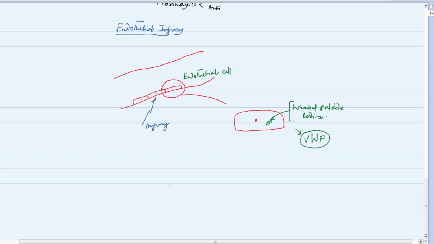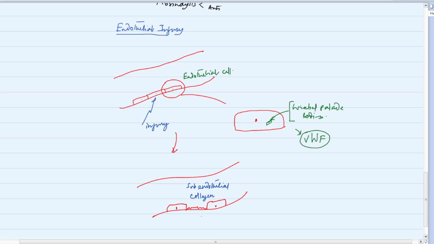That injury in turn causes a set of events. We have one cell, and the third cell out there, and in between there is damage to the cell, and there is exposure of the underlying subendothelial collagen.